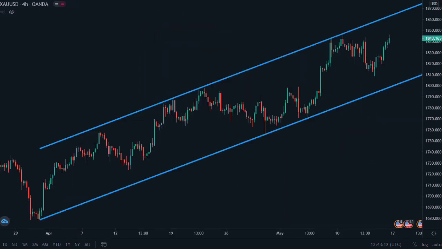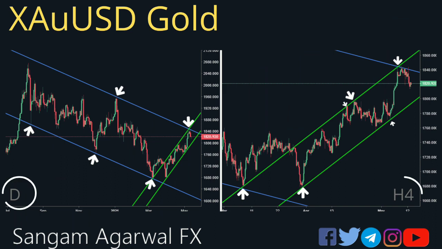This is a parallel channel on the H4 time frame. You should know the difference between the daily and H4 time frames. When you are trading on H4, you have the daily, weekly and monthly time frames for your help. If you did not find support and resistance or did not understand the trend, you can go to a higher time frame from daily to monthly to understand the principal trend.